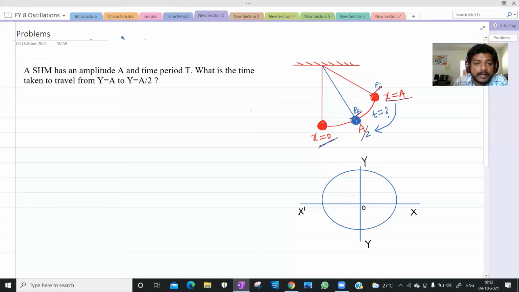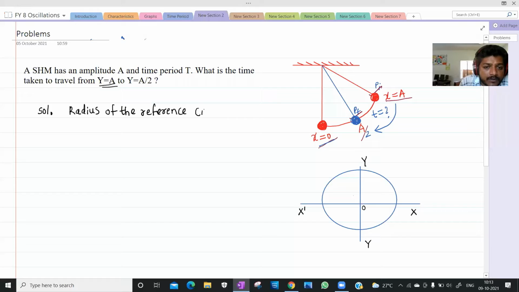Now tell me where the particle is. First, the particle is at y equals a. What is the radius of the reference circle? Very important: the amplitude A.